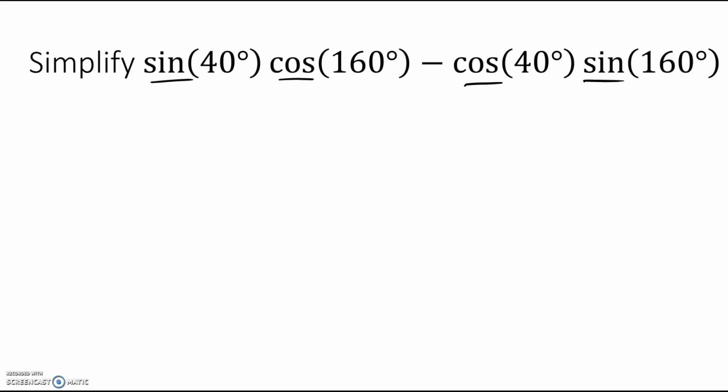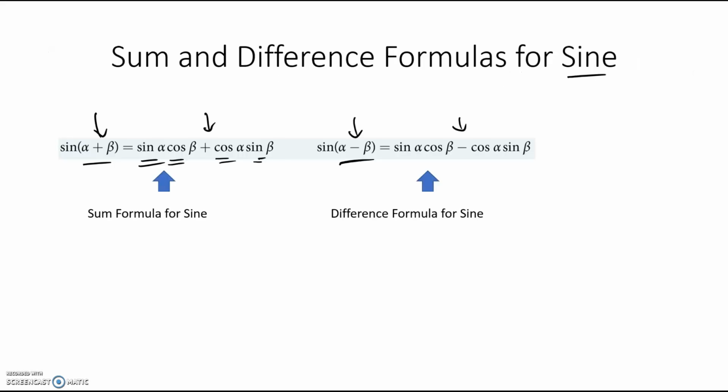But now we got to figure out, is it a difference or a sum for sine? We had a negative in the equation that they gave us. And look, we have a negative right here. So they used a difference identity or formula for sine. So we need to use that same formula right here.